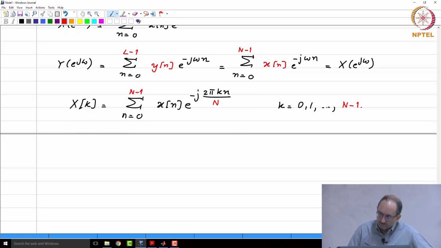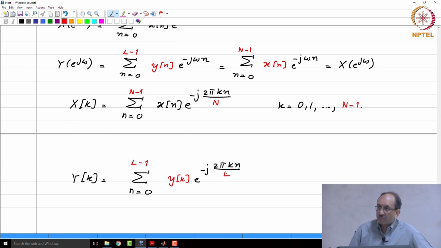So far so good. Now let us look at y of k. Y of k is an L point sequence, right. So this is the sum over n going from 0 to L minus 1 of y of n e to the minus j 2 pi k n by cap L.